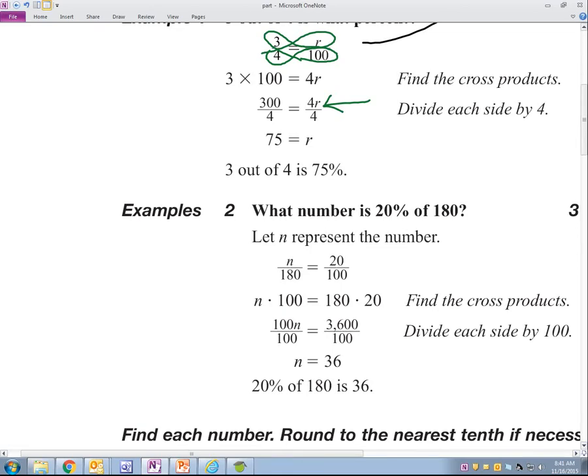No, and I'm not sure where you're getting that. Because when we do cross products, 4R. 4R. Yes, Julia. Right to left, left to right.